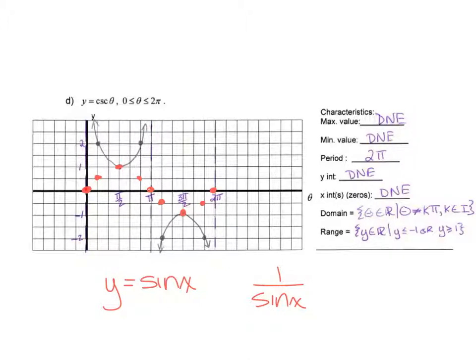Sine at x equals 0 is 0, that means this will be 1 over 0, okay? And that's why I pick up this vertical asymptote right here. Similarly here, okay?